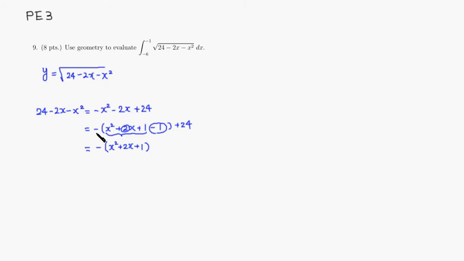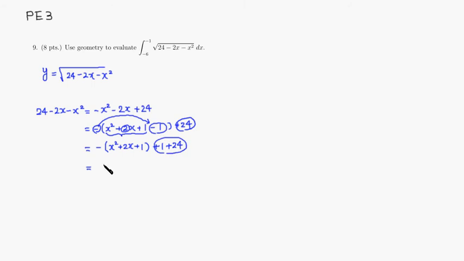So you have to distribute this negative sign to -1, and you will get a positive 1. Then you have plus 24 at the end. I'm going to write it this way. You can see that 1 plus 24 is 25.